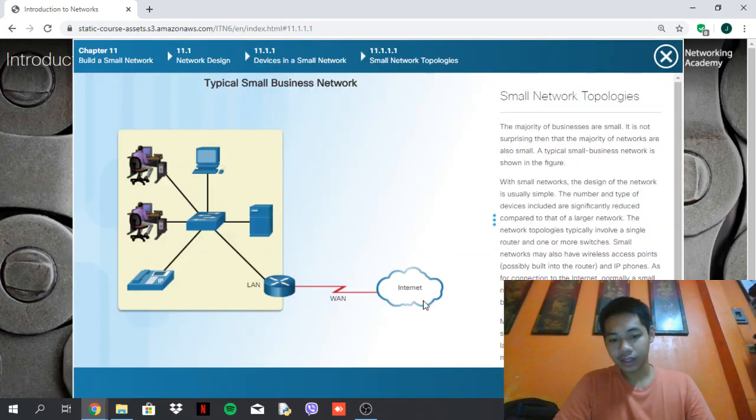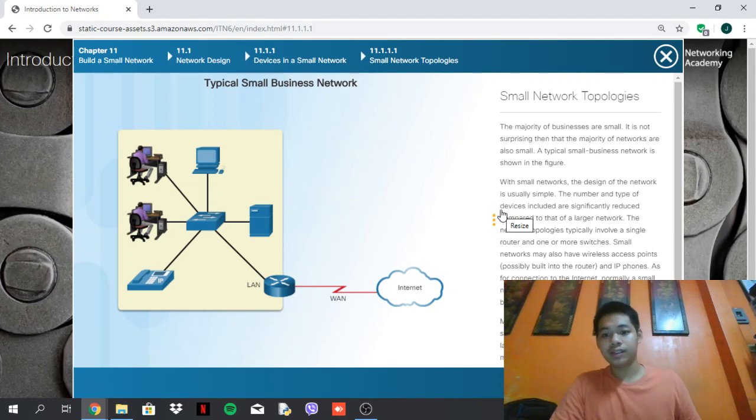So you have the internet, you have the WAN, and you have the LAN. These are all the connections from a small network, typically a home connection. The majority of businesses or networks are small, and not a lot of hosts are connecting.